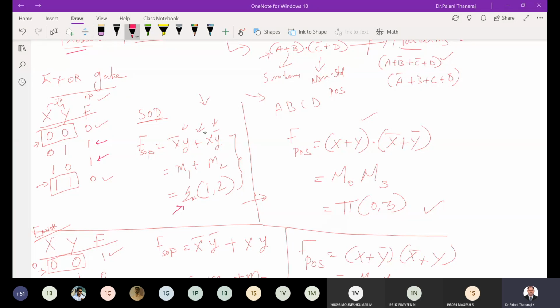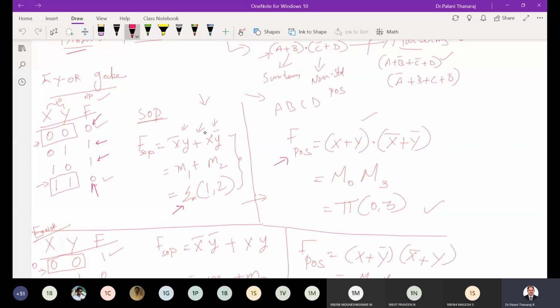So that is SOP. For POS, you have to see the output which is having 0. So I have to see the output for which the output is 0, and I'll be taking only those input combinations. Here I'll try to interchange the representation: 0 is the variable, 1 is complement in POS.